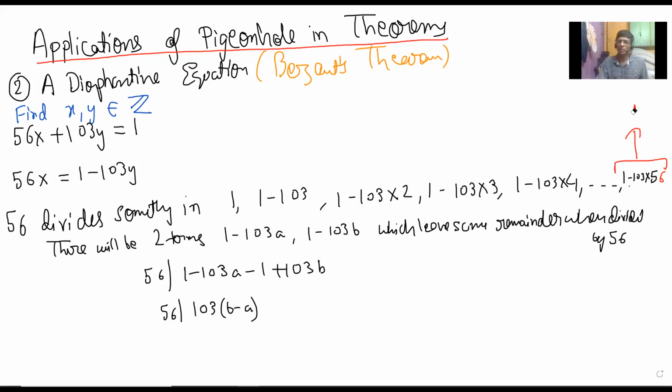So we are going to remove this thing, and we are only going to consider terms till 55. I could have said that directly, but I just wanted to give a reason. Now try to apply the pigeonhole principle.